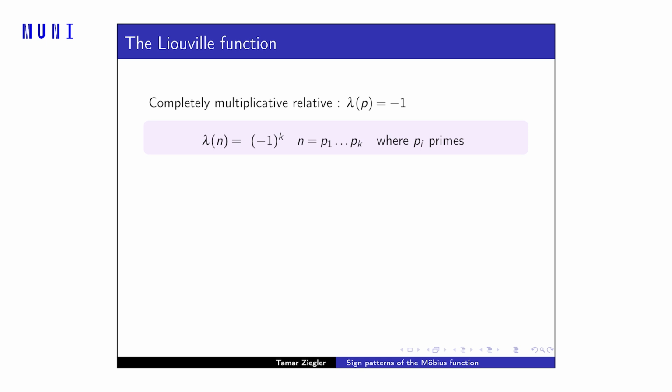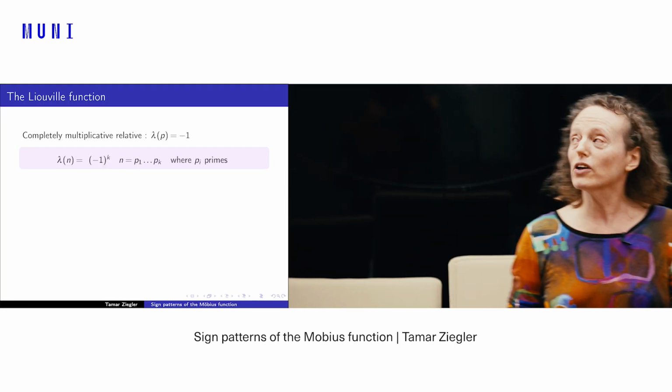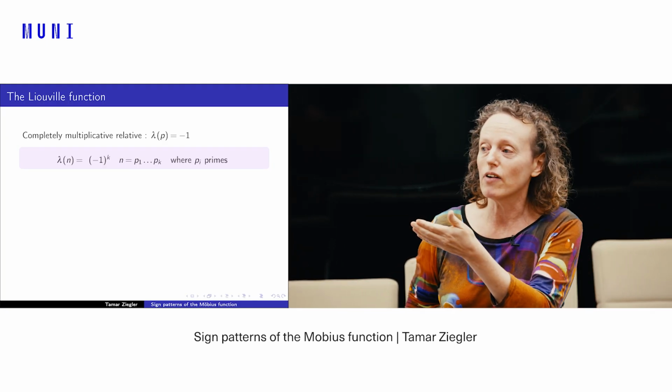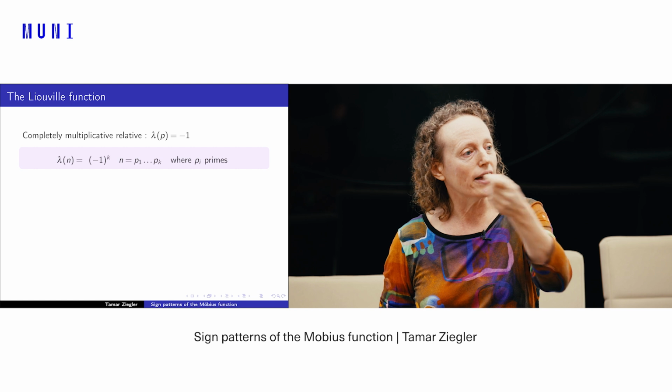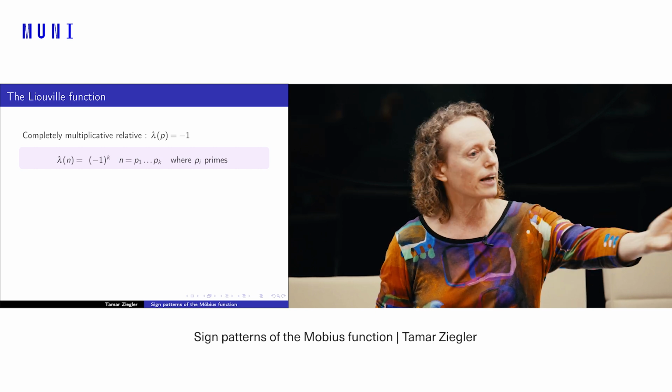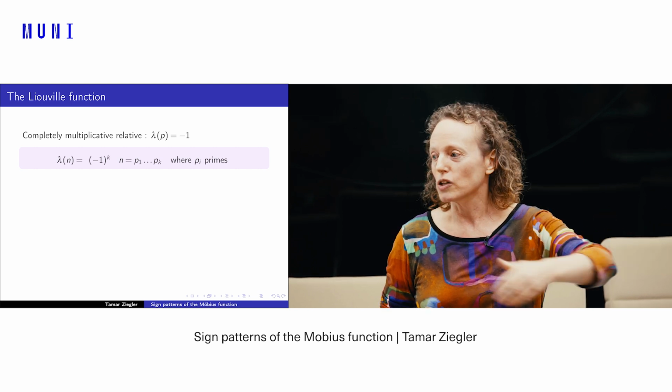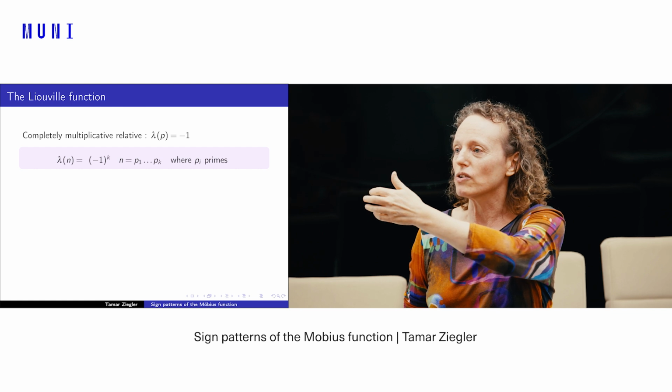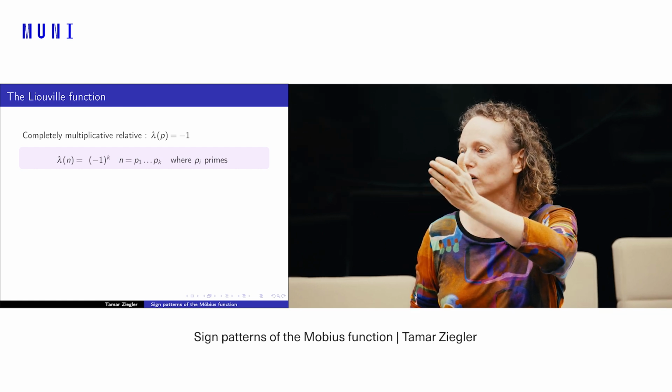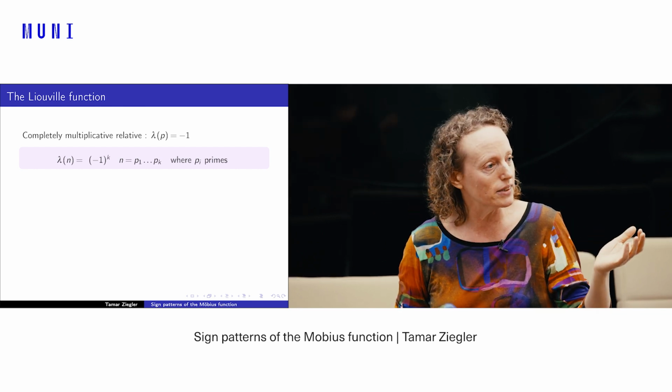Rather than just satisfying the condition that mu(nm) is equal to mu(n) times mu(m) on numbers that are coprime, a completely multiplicative function satisfies this for any integers. So if you want to understand a multiplicative function, all you need to do is define its values on the primes and then extend it multiplicatively. Here's the easiest thing you can do: you define it for each prime to take the value -1 and extend it multiplicatively.